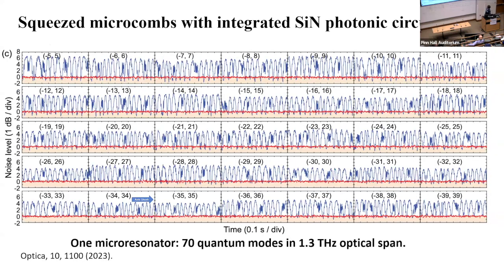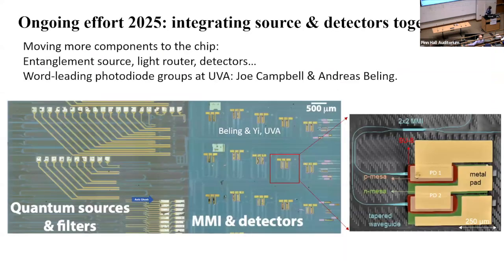In this case, we measured 30 quantum modes generated from one device, which is not bad at all. Our goal, of course, is to keep pushing the number. We want to go to 100 and even more. This is 2023, and then fast forward 2 more years to now.